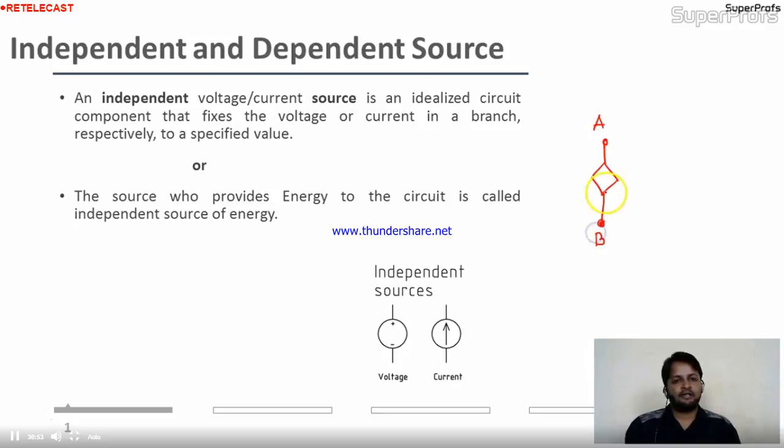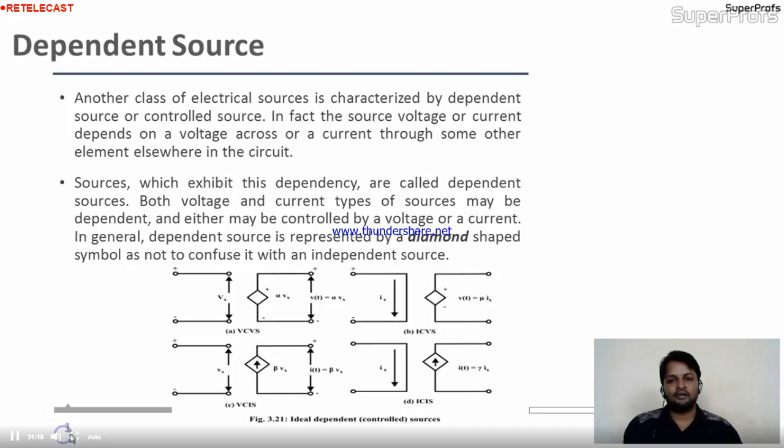We have terminals A and B. So this is the diamond structure and suppose this is a voltage source. This voltage source is nothing but the dependent voltage source. This diamond shape shows the dependency. Is it okay? Now we will discuss the dependent source in brief.